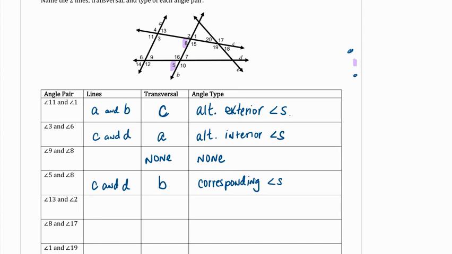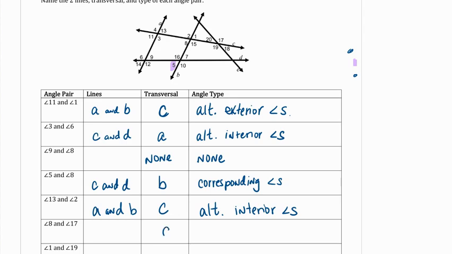Okay, so our last three, the answers for those, hopefully you tried them on your own. Angle 13 and angle 2, their transversal is line C, and their two lines are A and B, and they are alternate interior angles. Then I've got angle 8 and angle 17.